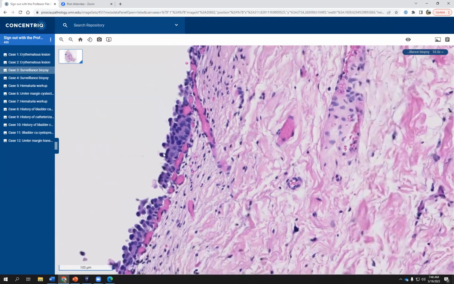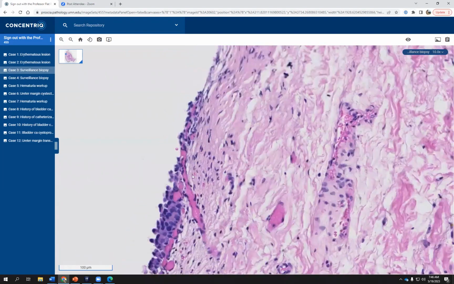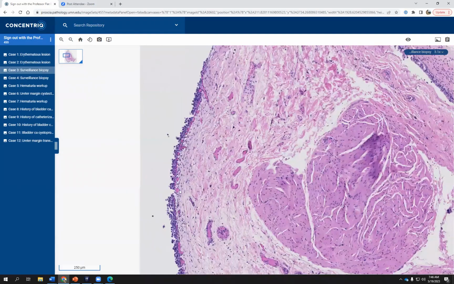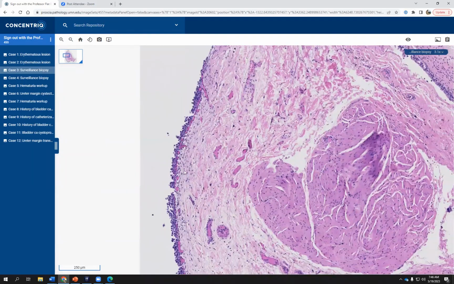So in most reactive lesions, the nuclei may be somewhat enlarged, but it's typically less than 3 times the size of the lymphocyte nuclei or the endothelial nucleus that is cut in a transverse section. Okay, so this is a small cell variant or small cell type of carcinoma in situ.